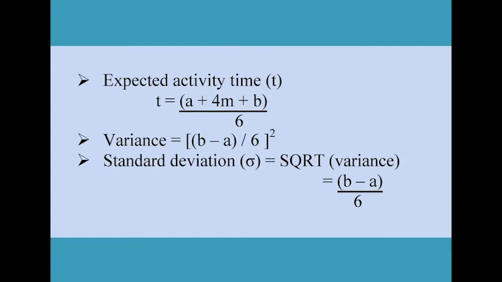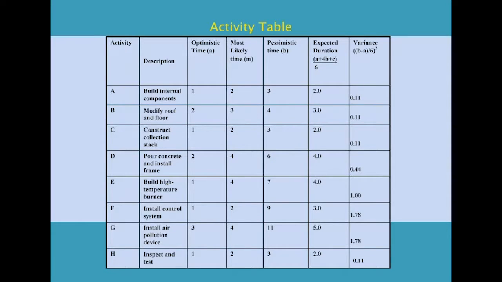Expected activity time T_E is calculated as (a + 4m + b) / 6 and the variance is calculated as ((b - a) / 6) squared and the standard deviation is the square root of variance. Using these formulas and the example that we have used previously for calculating the deterministic activity duration, we get the following table.